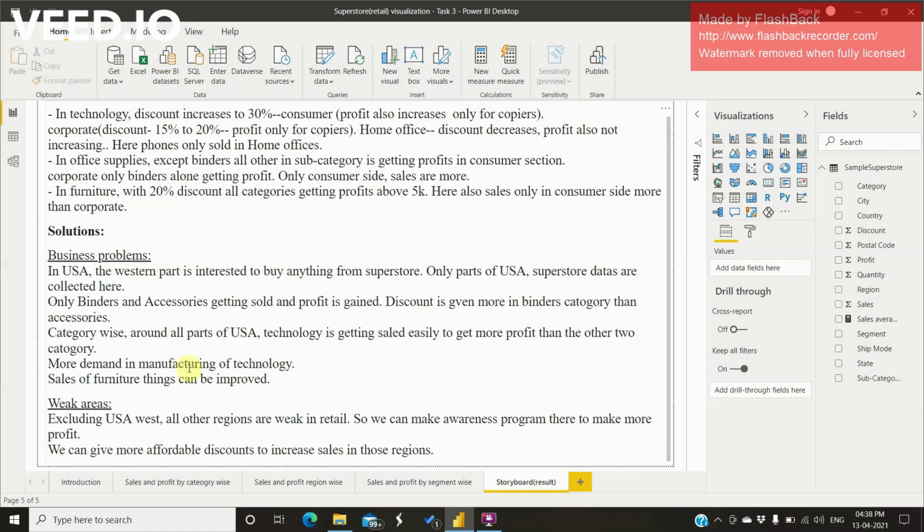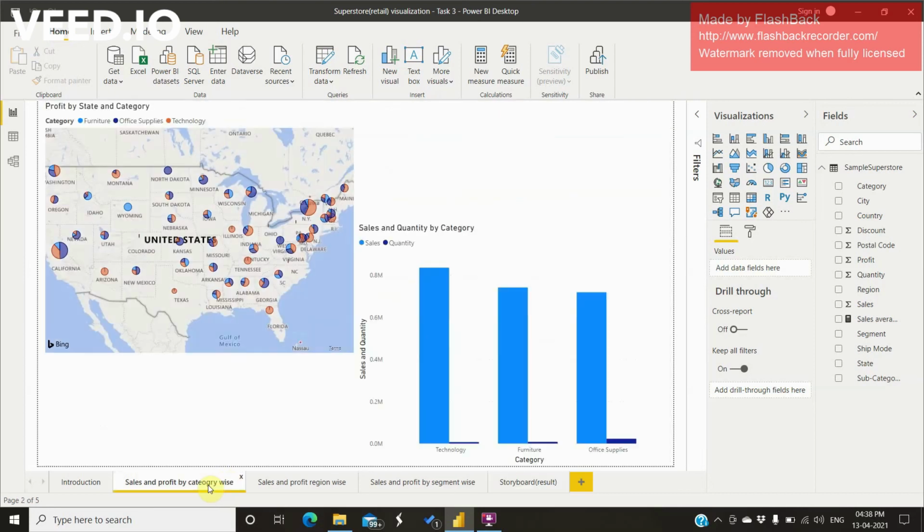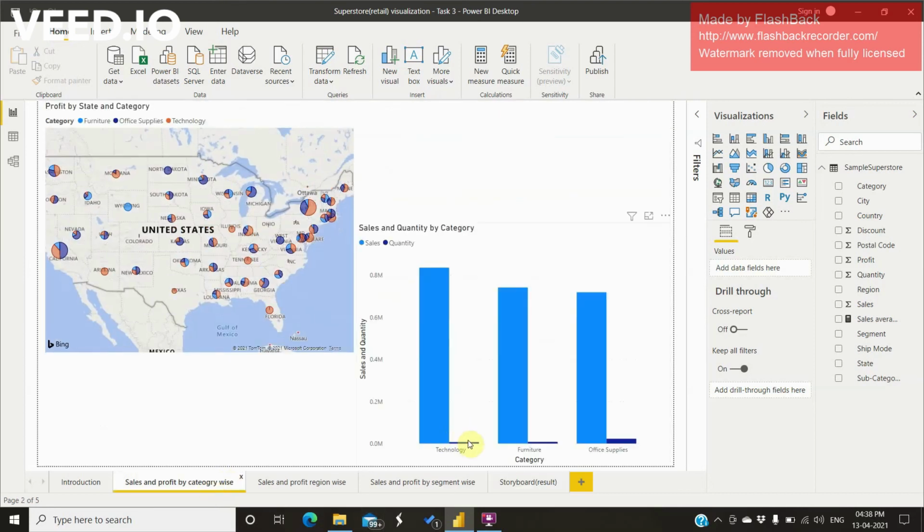Category wise, around all parts of USA, technology is getting sold, as I showed here in the category section, and technology is getting sold easily with more profit than the other two categories. More demand in manufacturing of technology. Yes, as I showed here, quantity is less, but sales are high. So manufacturing will be in demand.